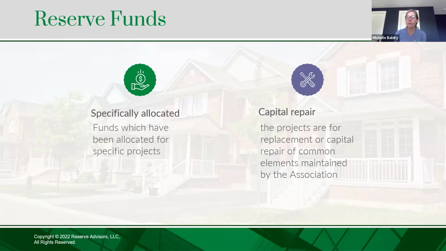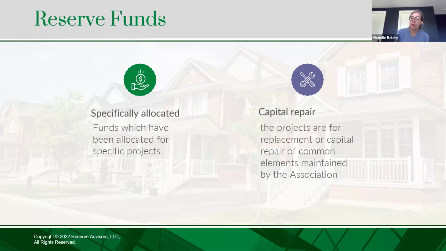As you know, the association or cooperative is really only focused on the common components, and the reserves look at the long-term big capital repairs for those components. Using the example of a pool, you probably have quite a bit of annual operating expenses associated with that pool: maintenance fees, cleaning fees, lifeguarding.